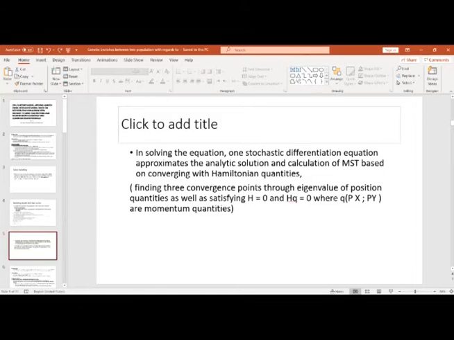We can find 3 convergence points, using the MST method to get the 3 eigenvalues of the position quantities, through satisfying h equals 0 and the Hamiltonian here equals 0.